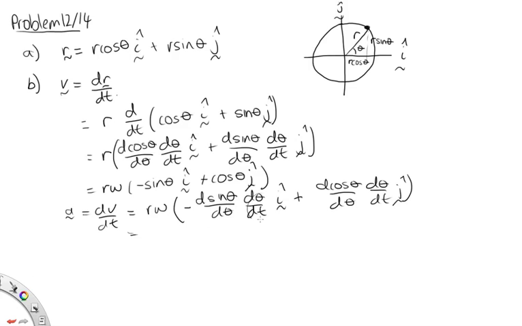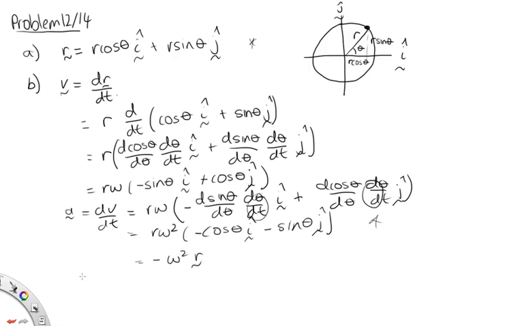Okay, so once again we can pull omega out the front. So we've got r omega squared. Now d sine theta/d theta, this is minus cos theta in the i direction, and this becomes minus sine theta in the j direction. So comparing this and this, we can actually write that this is equal to minus omega squared r.